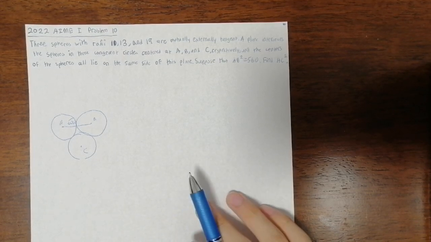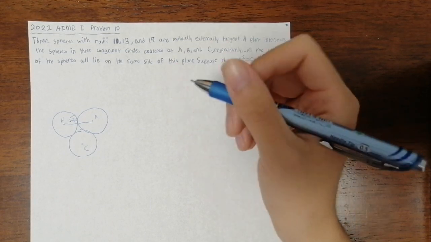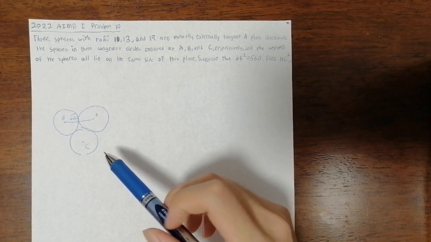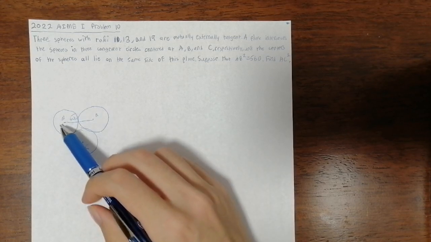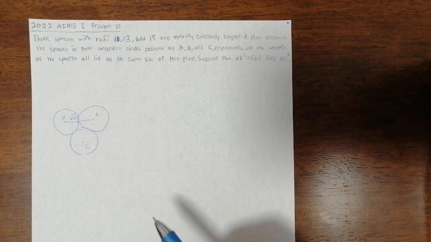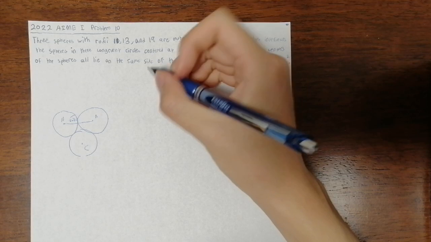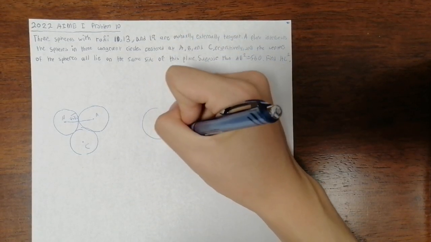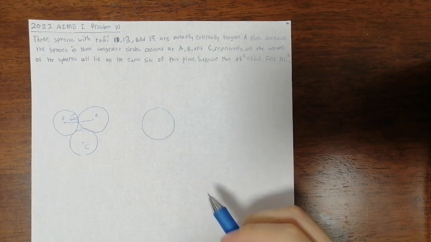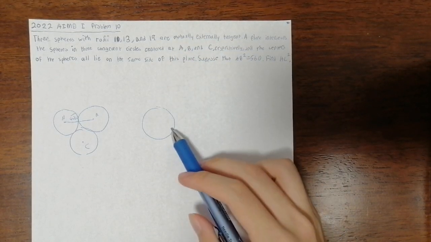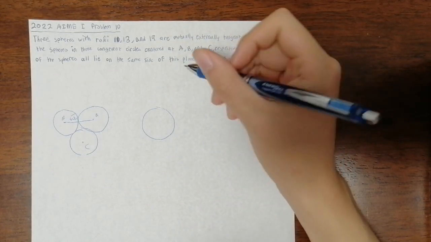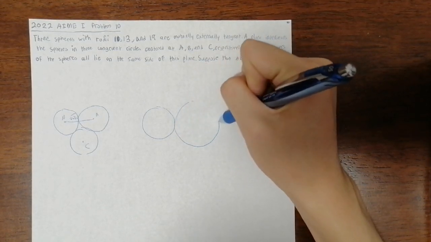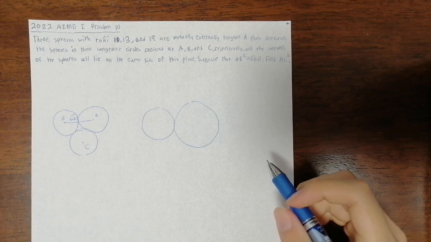So let's say we take the cross section that passes through circles A and B first. What that would look like is a circle like this with radius 11, and then a second circle with radius 13, like that.